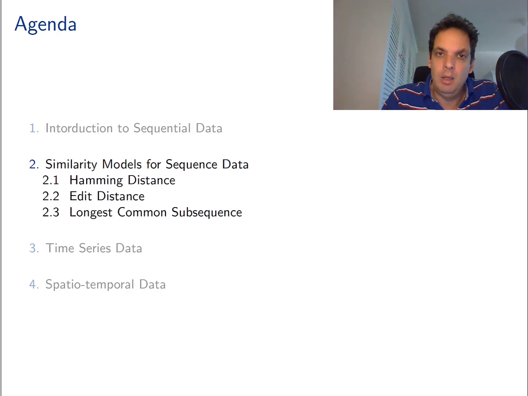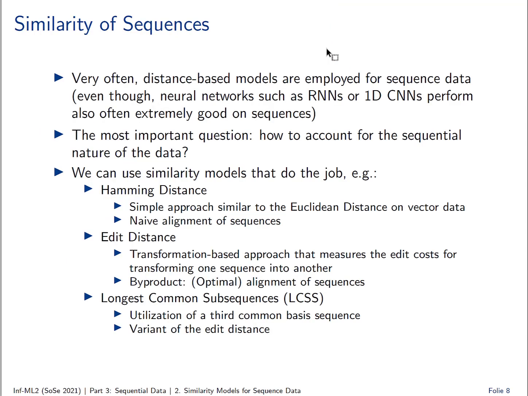Okay, so let's start first of all with some first words. Very often distance-based models are employed, as we just said. Of course, we could also apply neural networks; especially recurrent neural networks or one-dimensional convolutional neural networks perform extremely well in many cases for sequence data.